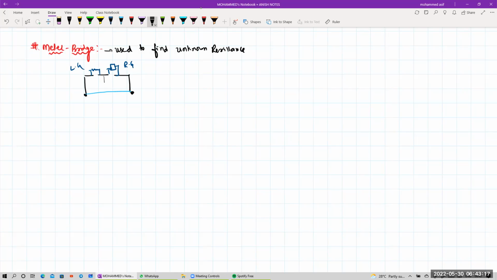Here there is a galvanometer to which a jockey has been connected like this. If the length is L1, the other length will be 100 minus L1. If L1 is equal to L, this will be 100 minus L. So 4 parts are connected right now.